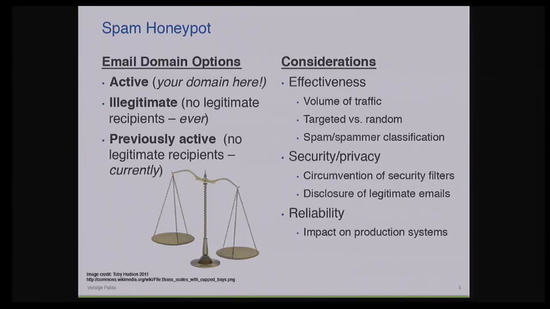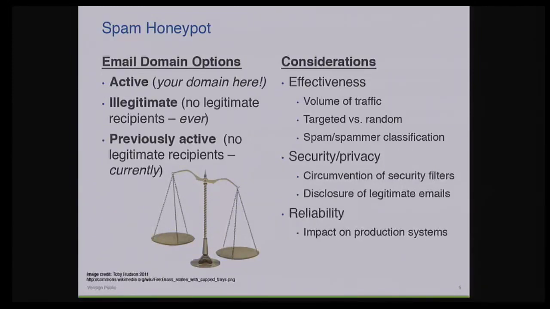Okay, the other one is illegitimate, so there have never been legitimate email recipients on the other side. And then previously active: you've registered a domain that used to be active. Okay, several considerations along this way.